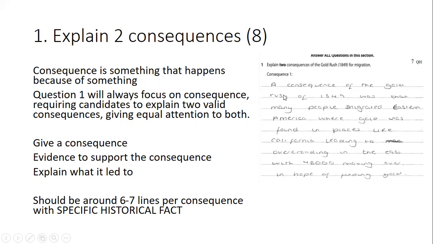A consequence of the gold rush of 1849 was that many people migrated to California, where gold was found, leading to overcrowding, with 46,000 moving over in hope of finding gold. There's lots of historical errors in there, but you can see they got quite a good mark for this. I haven't shown you the second one, but just be careful. The key thing about American West is your accuracy and your depth.